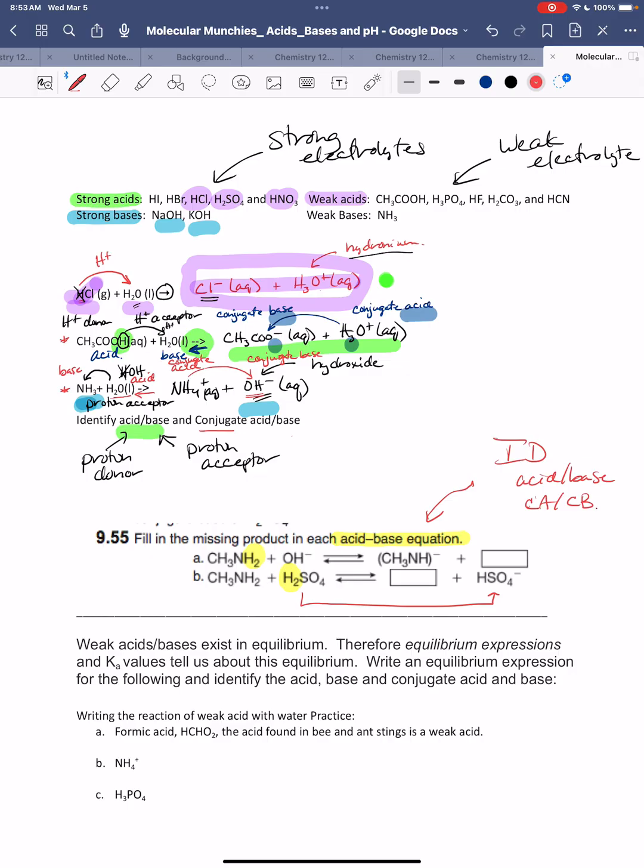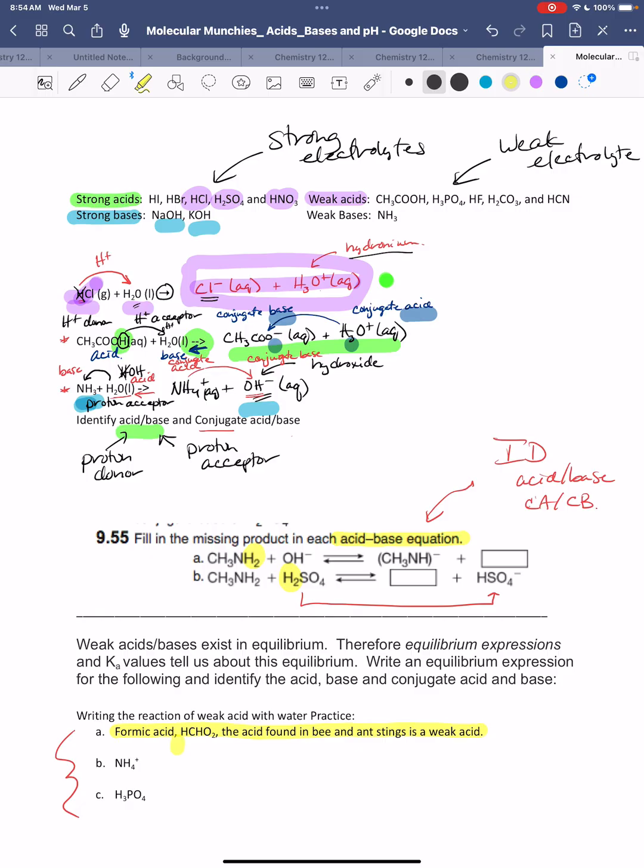Okay. Again, here's more practice on the same thing. I'm going to let you guys do that too. So basically, I'll talk about this one and then we'll write the Ka. I don't know how many of you have been stung by a creature like a bee or an ant, but it's formic acid that does that.